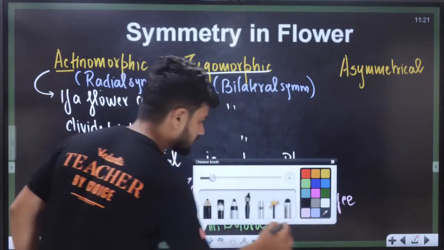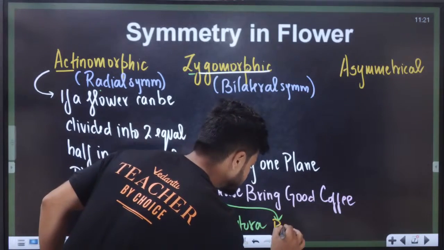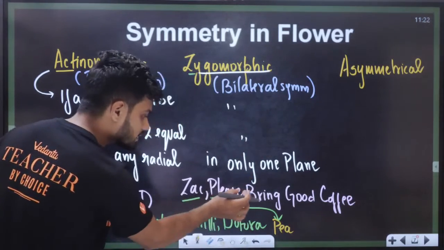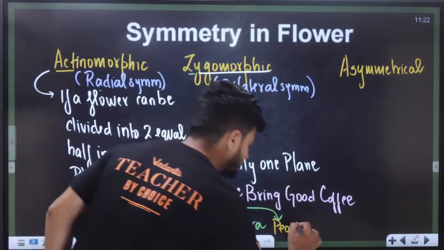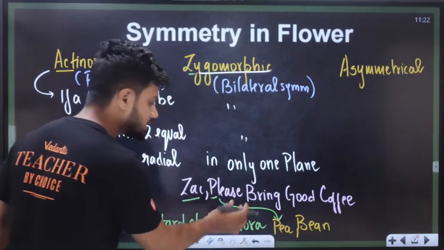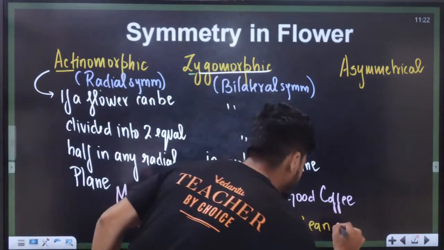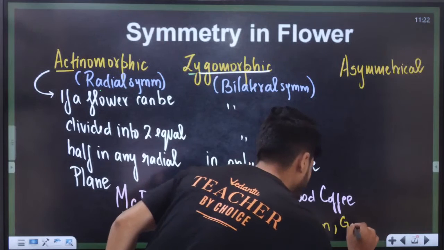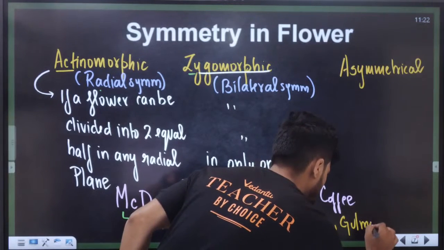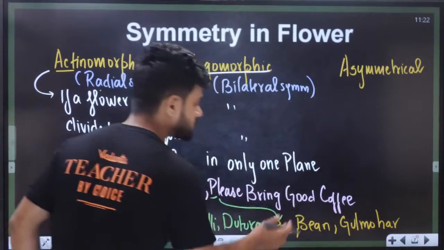I'll write here with a different color so you can identify. The P stands for pea. Now what does B stand for? B stands for bean. Now what does G stand for? G stands for gulmohar. And then what is your C?